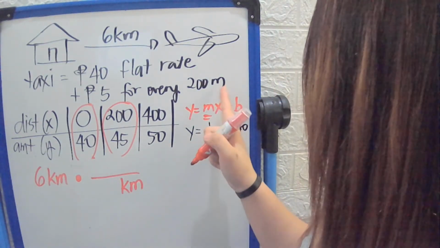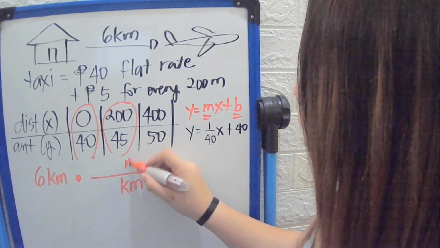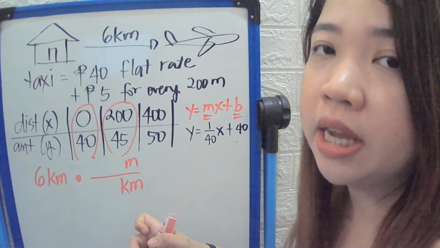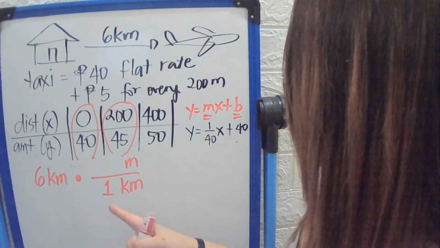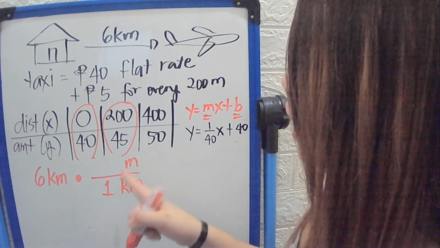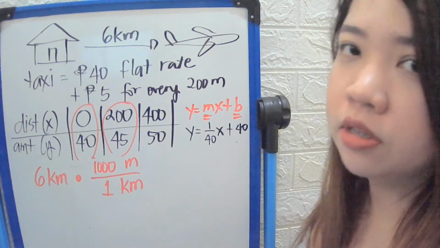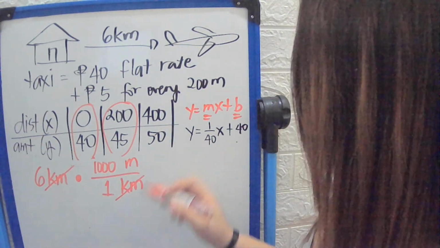Then, kung ano yung hinahanap mo, kasi in meters tong nasa table natin, yun yung nasa taas. Now, kung sino sa kanila yung may mataas na value? Siyempre, si kilometers. So, doon mo ilalagay yung 1. Now, sa 1 kilometer, ilan ang meters mo? There are 1,000 meters.